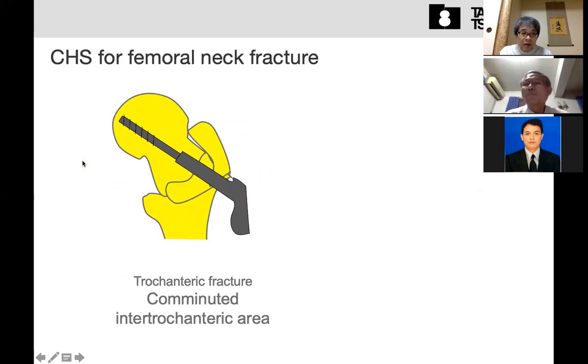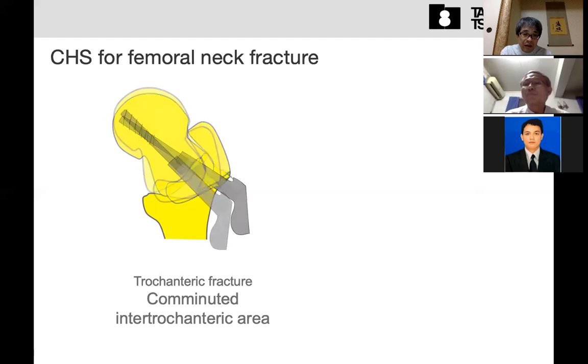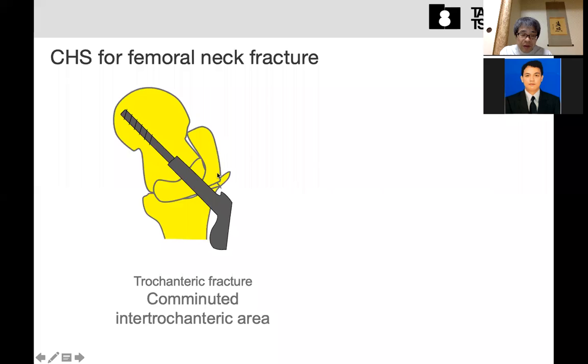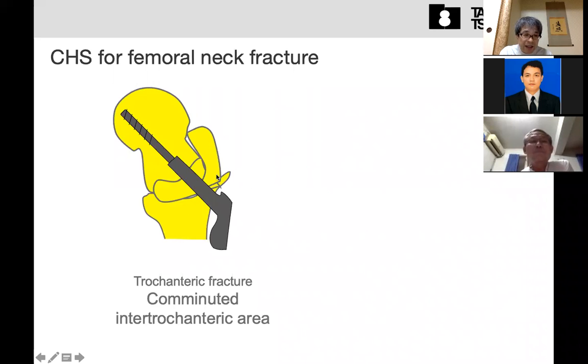But if you use this type of side plate implant such as DHS or CHS, even if we insert this screw in proper angulation, something like this, to correct the varus alignment, it can be reduced because this area of bone is already broken. So easily we can change the angulation.